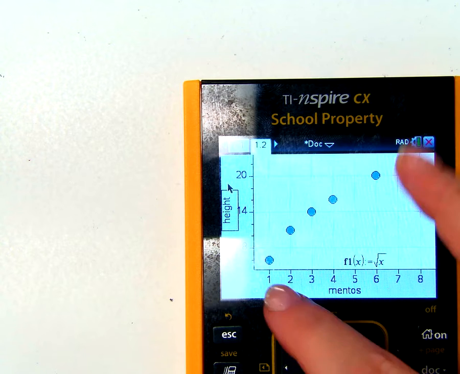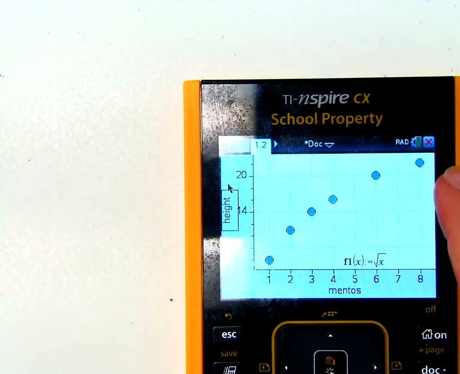So how do I make it steeper? Think about our transformation rules. How do I make this steeper? What's a negative going to do to it? It's going to reflect it across the x-axis. Is that what I want?